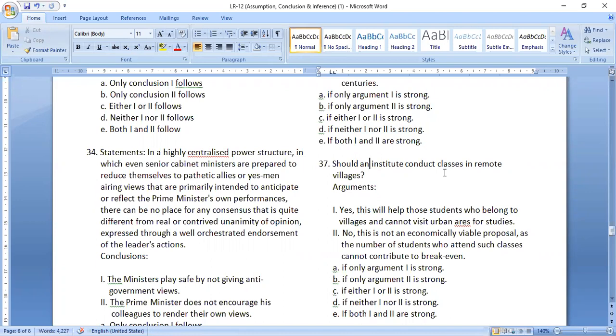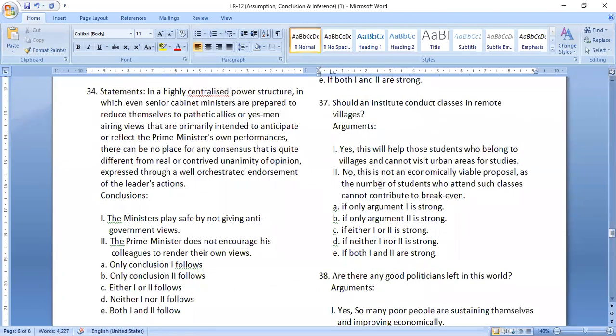Argument one, yes. This will help students who belong to villages and cannot visit urban areas for studies. And two, no, this is not an economically viable proposal as the number of students who attend such classes cannot contribute to break even.